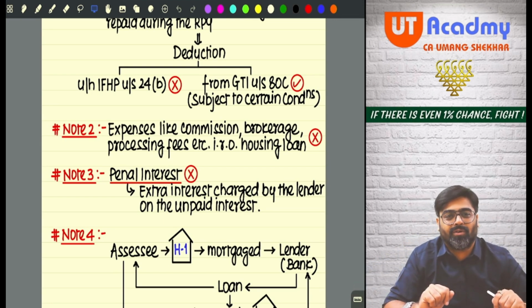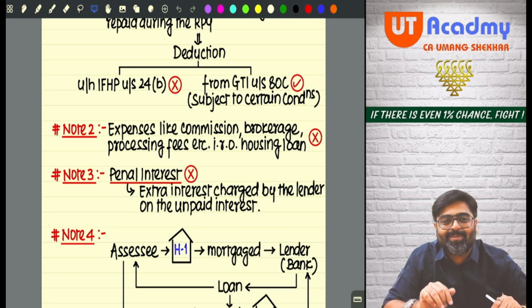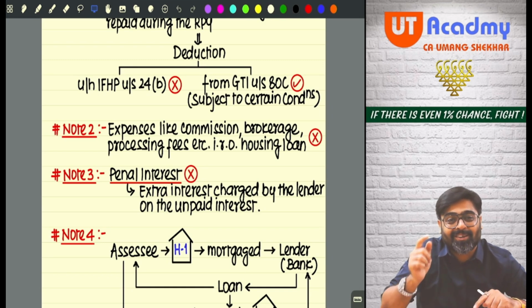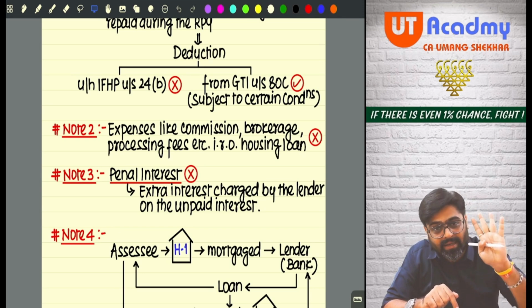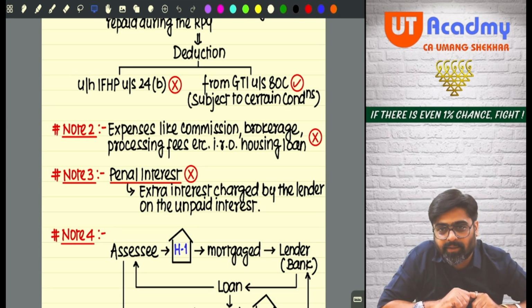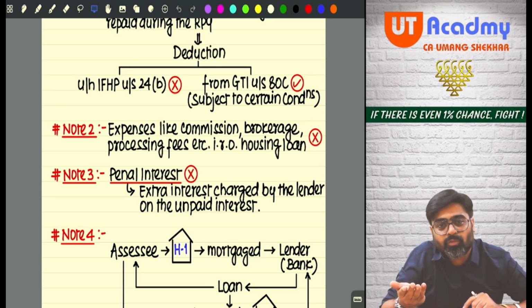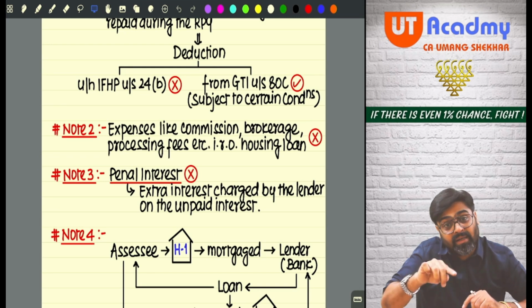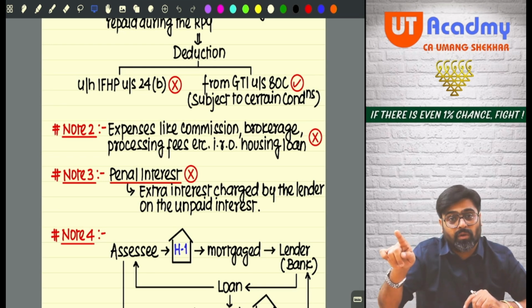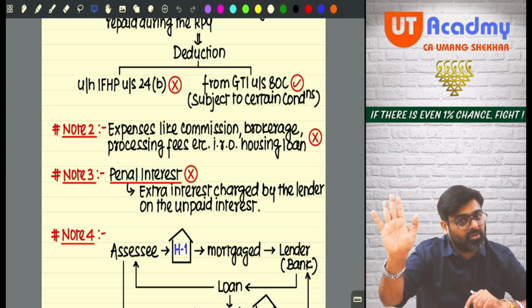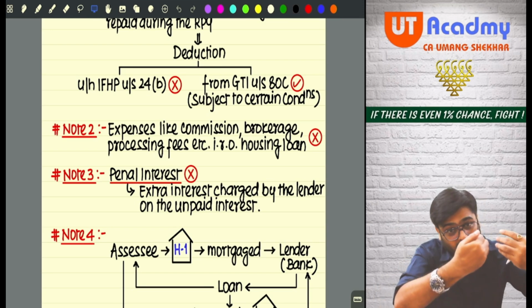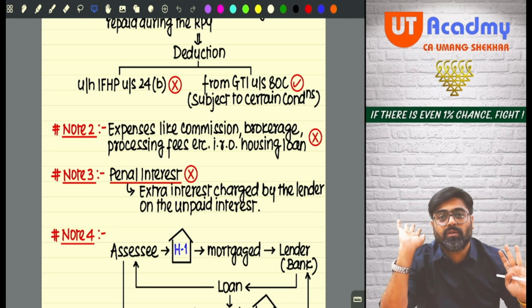The answer is no. So they cannot be claimed as a deduction under this head, because under this head, whatever interest there is on housing loan, only that interest is allowable as a deduction. Any expense other than interest on the housing loan is not allowable as a deduction. Ignore all such expenses.